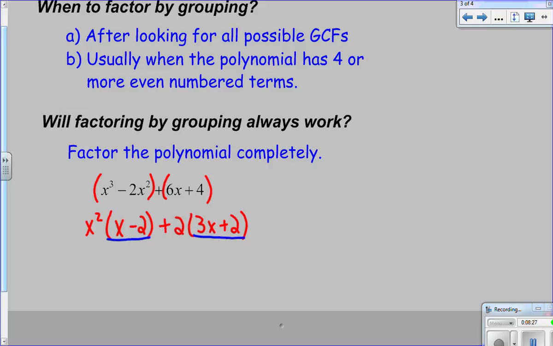And since we're not able to factor it completely, in other words, since there's still this plus sign in here, and we don't have it rewritten as a product, this polynomial cannot be factored by grouping. And so therefore, it's prime. So there are times where, even with using 4 terms, the grouping technique isn't going to work, and you still can have a prime polynomial.